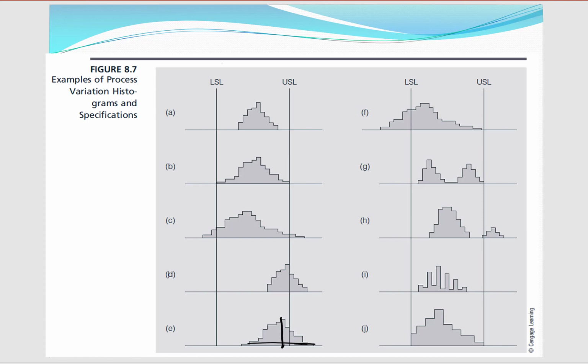variation within the process. These are examples of process variation using histograms. Here, lower and upper specification limits are shown, and this is the tolerance, but the process itself has this kind of variation and this kind of shape.